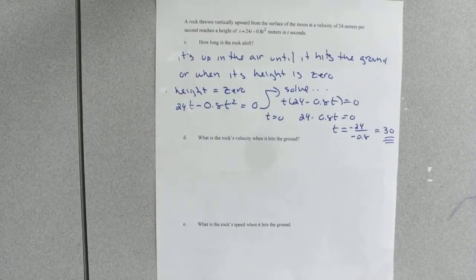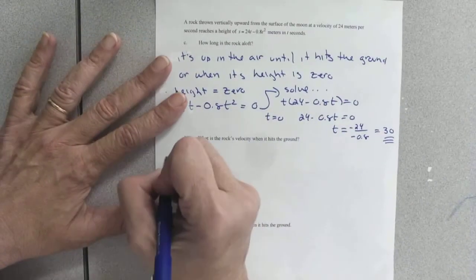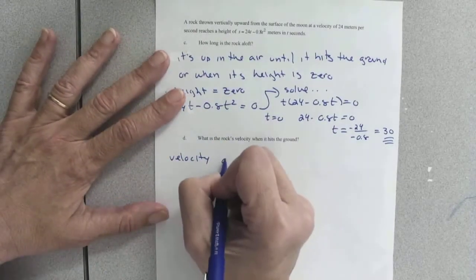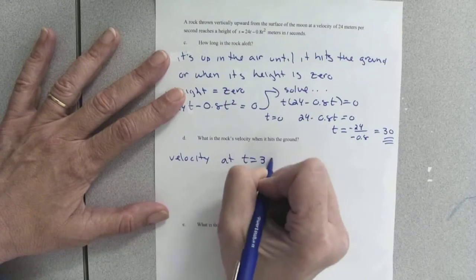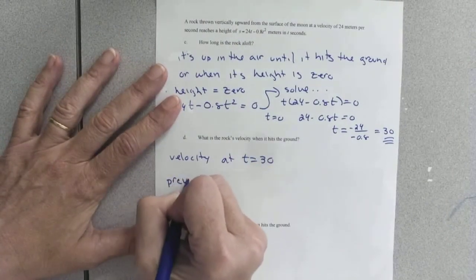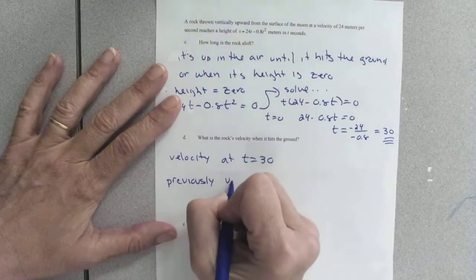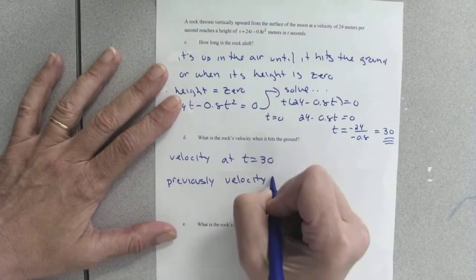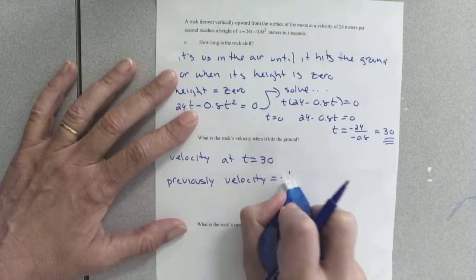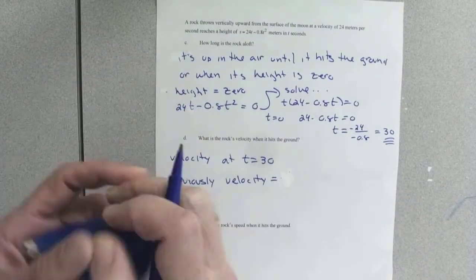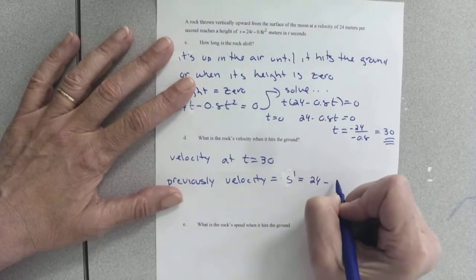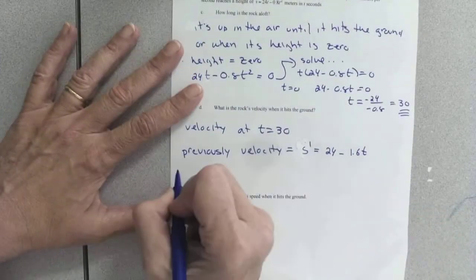What was the rock's velocity when it hit the ground? Well, that'd be the velocity at t equals 30. Previously, on the other page, we found that the velocity was the first derivative, which was 24 minus 1.6t.